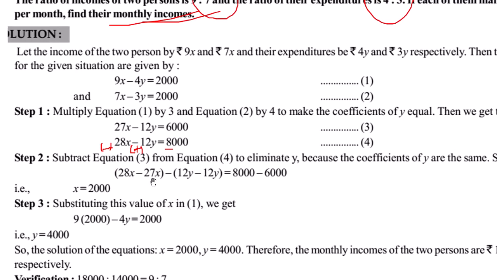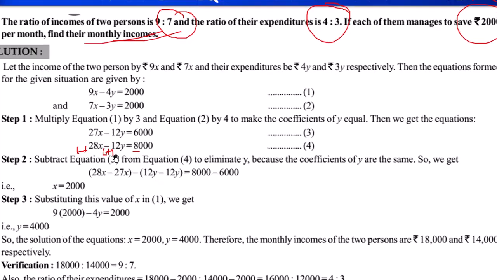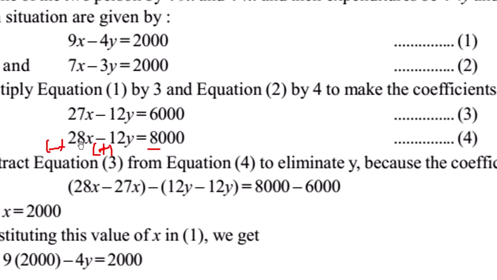Or we can directly subtract, because the coefficient of x is more here. The first equation multiplied by 3, let us name it as third equation. Second equation multiplied by 4, let us name it as fourth equation.